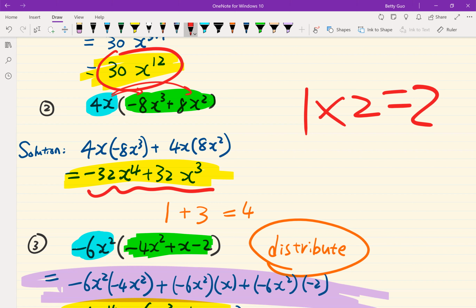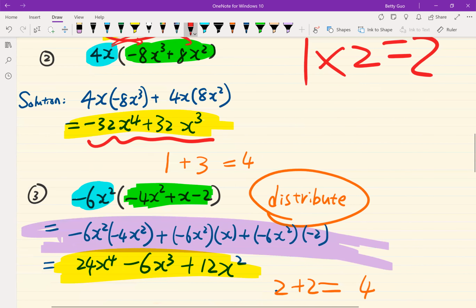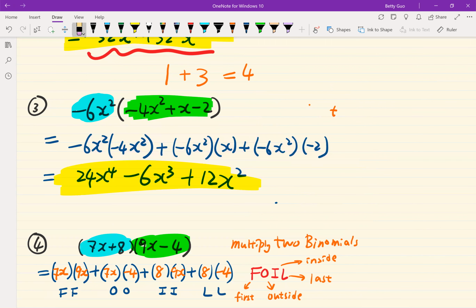Number 3. How many terms in the blue? 1 term, right? How many terms in the green? 3 terms. So the result does have 3 terms, right?